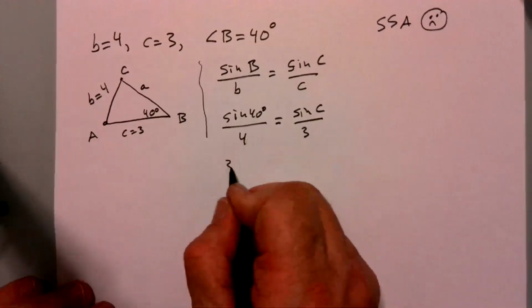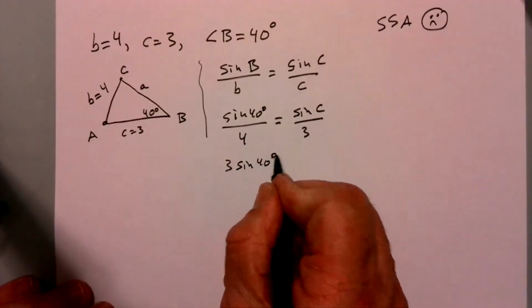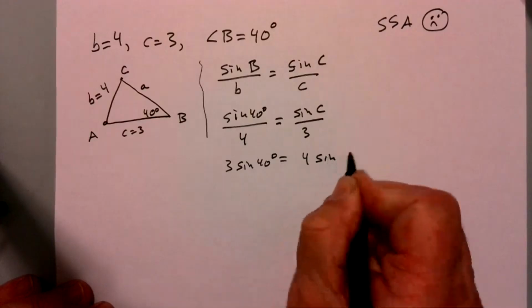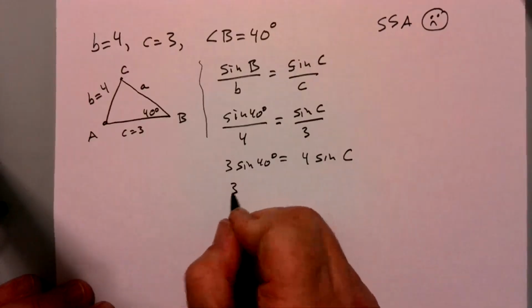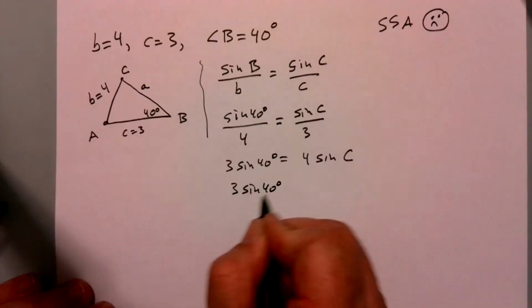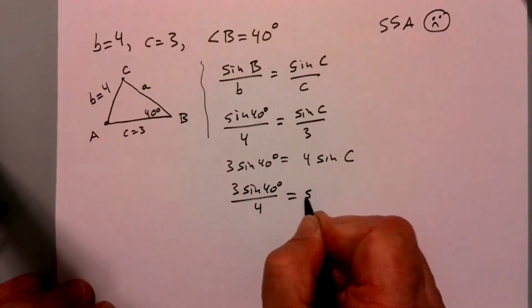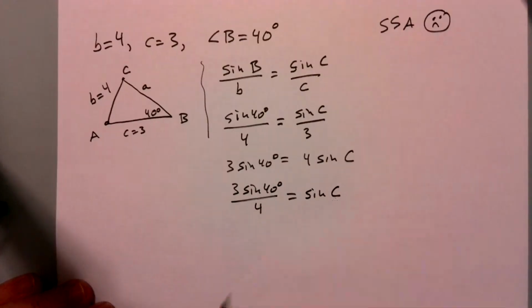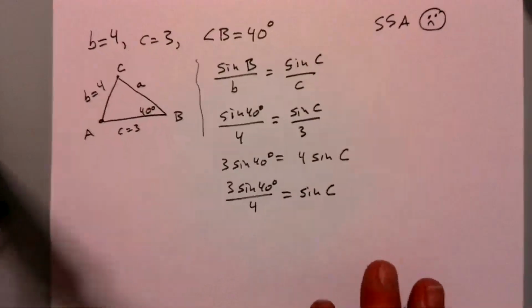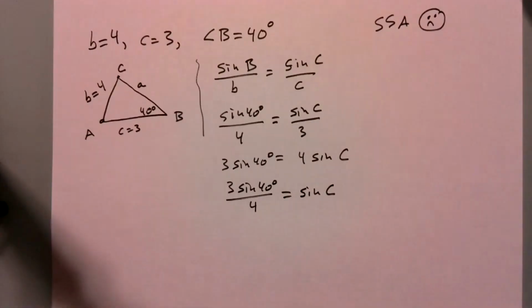So this will give me 3 times the sine of 40 degrees equals 4 times the sine of C. So 3 times sine 40 degrees divided by 4 equals sine C. What's that going to give me? Again, to my calculator, 3 times sine 40 divided by 4, I get 0.482 approximately.